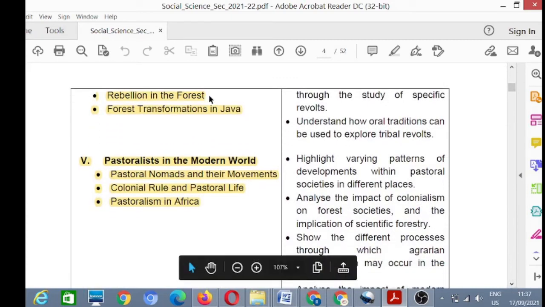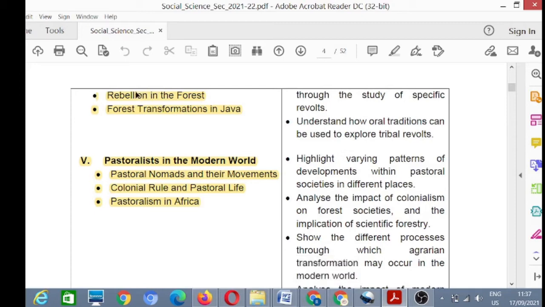Then next topic is rebellion in the forest. Then fourth topic is forest transformation in Java. Now next chapter is pastoralists in the modern world.